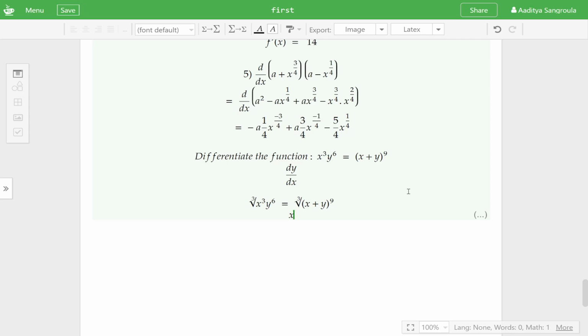And this becomes x y squared equals (x plus y) whole cubed, if you can see this.